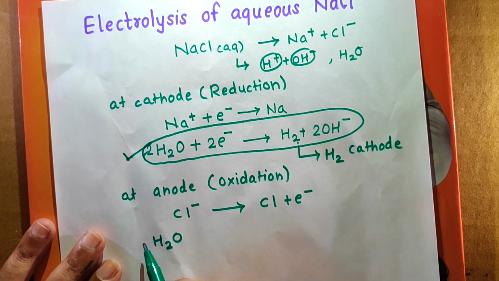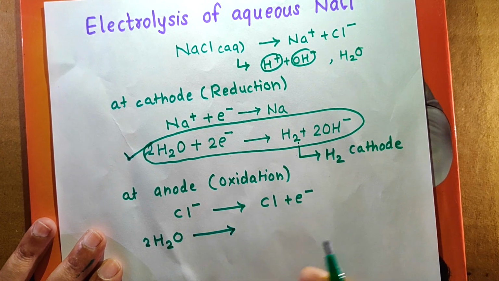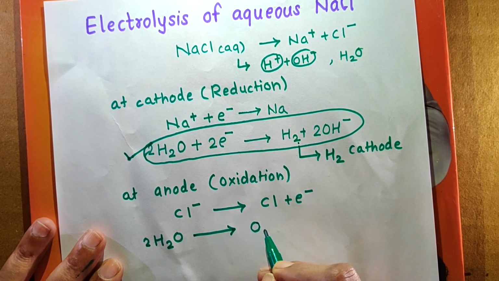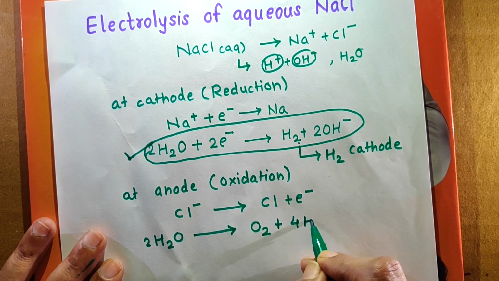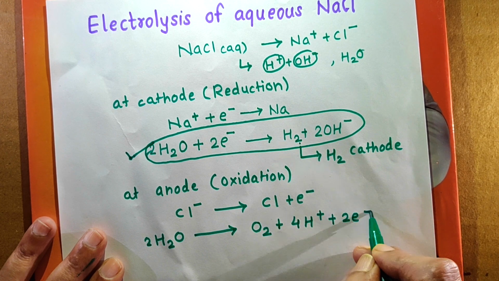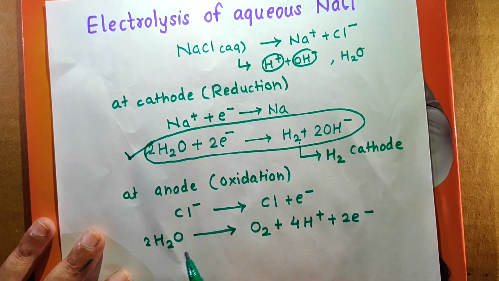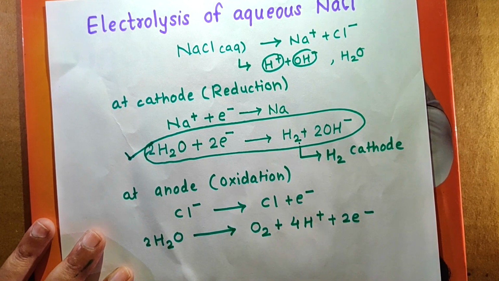The reaction is: H2O will be oxidized to give oxygen gas, and here we obtain 4 H+ ions and 4 electrons. That is anode, the electrode where oxidation takes place.